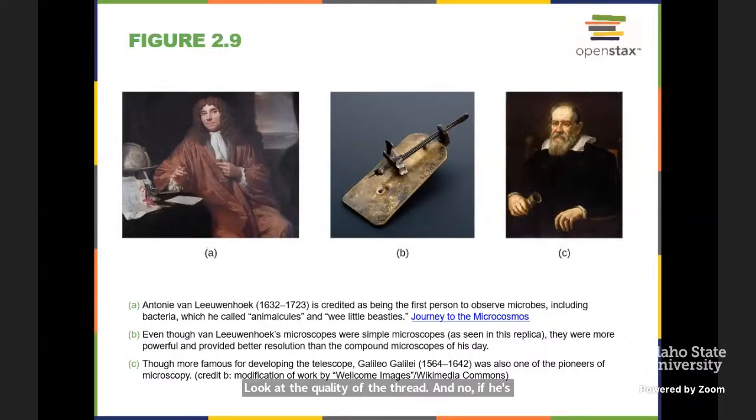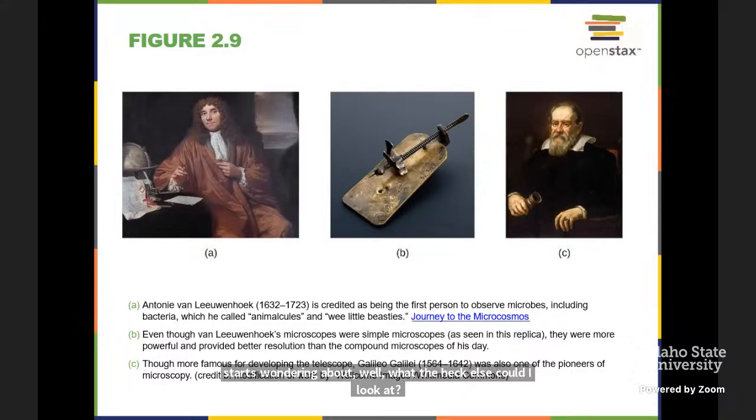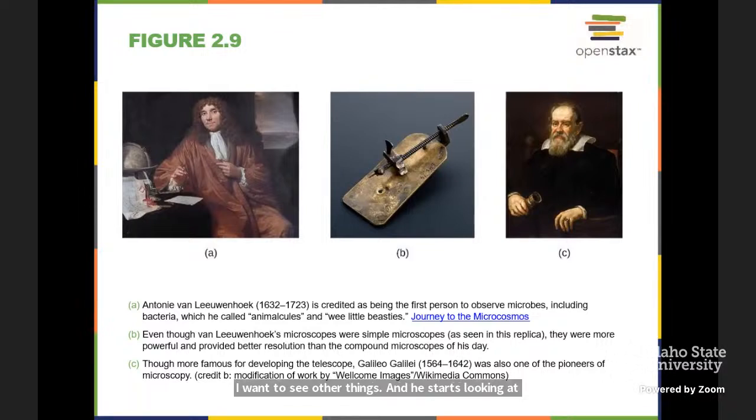Interesting, all right? So he starts doing this and starts wondering about, well, what else could I look at? I want to see other things. And he starts looking at everything he could get his hands on with these scopes. And this is something that I also find a little bit mind-boggling.